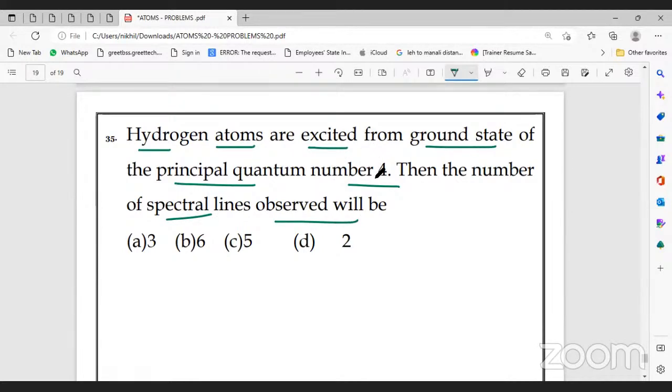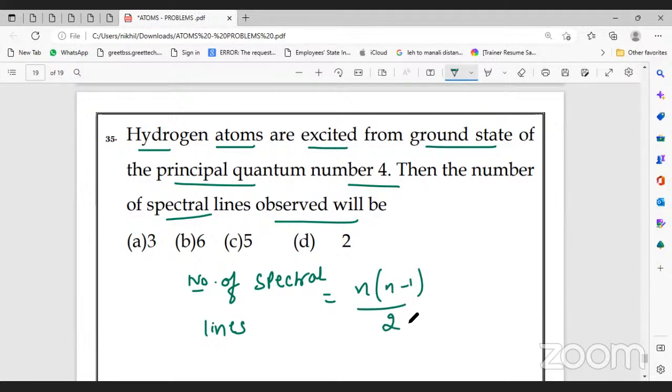If the principal quantum number is 4, can you find the number of spectral lines? Students, have you remembered? I gave one shortcut formula for this in the synopsis class. To find the number of spectral lines, you have to use the formula n into n minus 1 divided by 2.